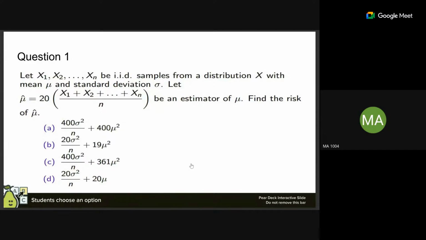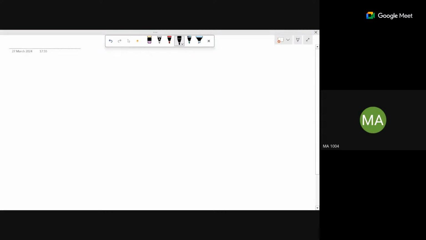So what information we have here is given that mu hat is equal to 20 times x1 plus x2 plus so on till xn, divided by n, right?